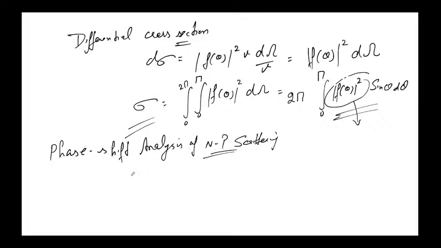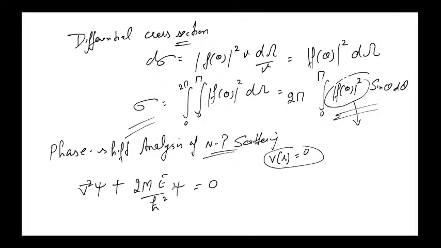In the absence of scattering, when the particle is free, the nuclear potential becomes 0, then the Schrodinger wave equation becomes the Laplacian of psi plus 2mE over h bar squared psi equals 0. When the proton is free, V(r) becomes 0. This has a solution equal to e raised to the power ikz.